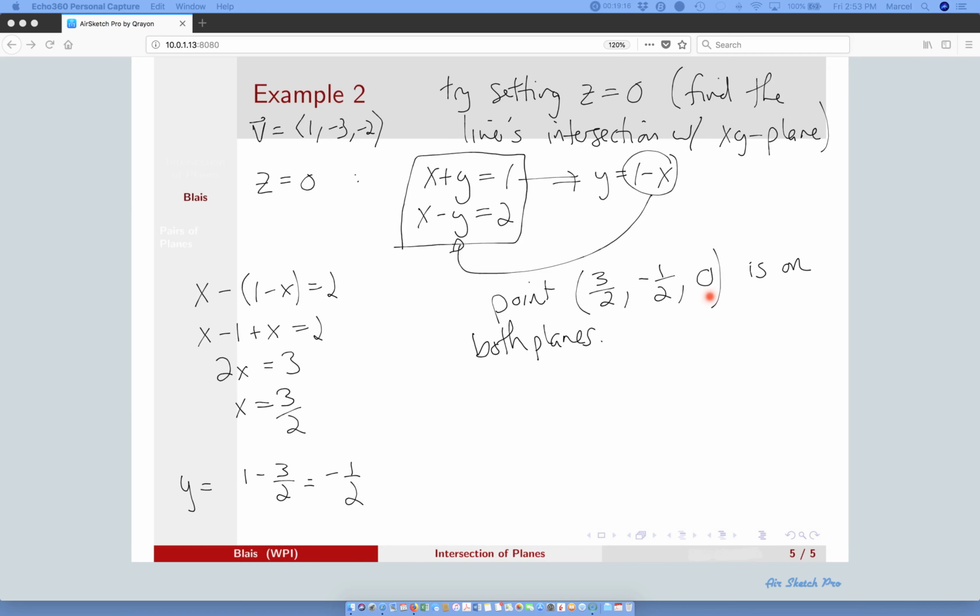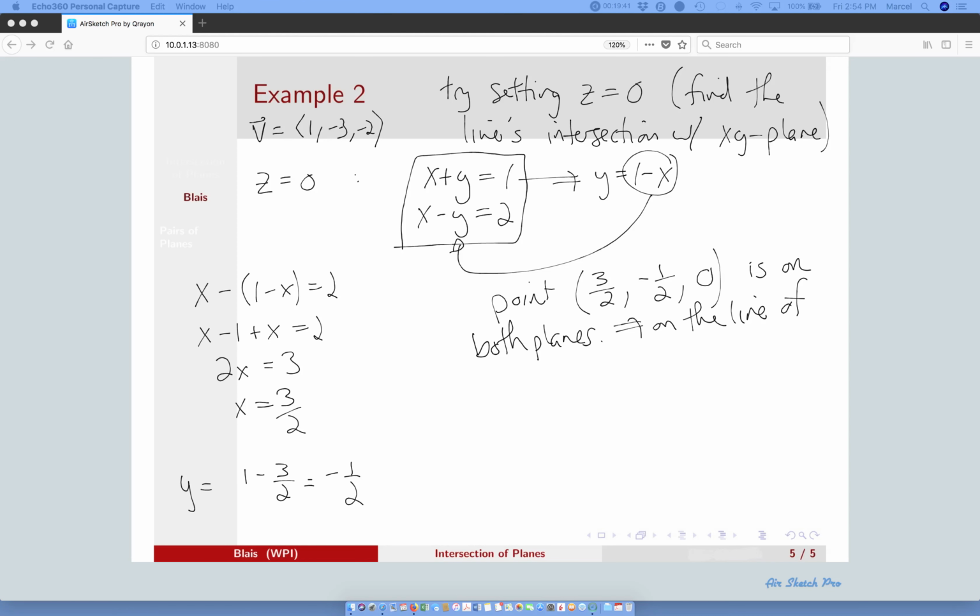So this is the point in the xy plane that is on both of these planes. So the point is, if it's on both planes, then it's on the line of intersection. Right?